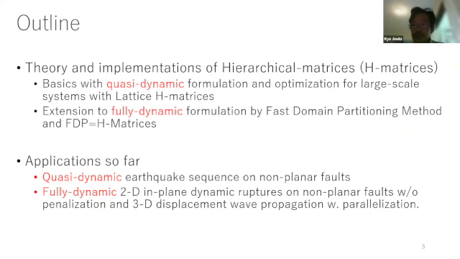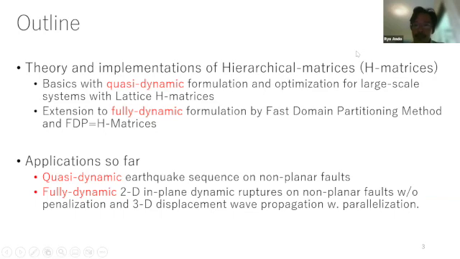Okay, so the outline of this talk would be more focusing on the theory and implementation of the hierarchical matrices, but I can avoid some basics. I begin with the quasi-dynamic implementations.